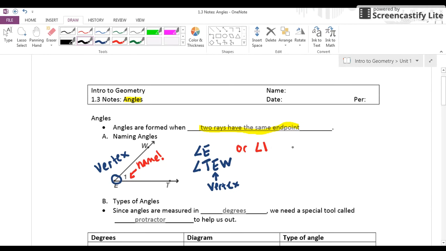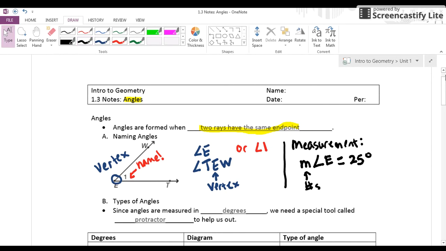So when we're talking about numbers, we want to add a measurement. We're going to use this notation. Put a little lowercase m in front of the angle symbol and then name the angle. So the measure of angle E is equal to, for example, 25 degrees, right? And that little circle means degrees, just like temperature. So just be careful when you want numbers, we need to use that little m.